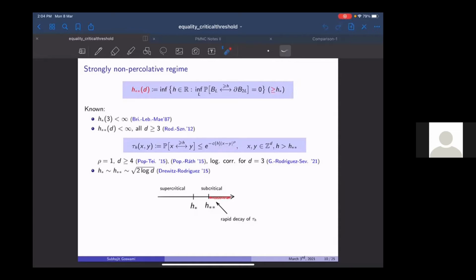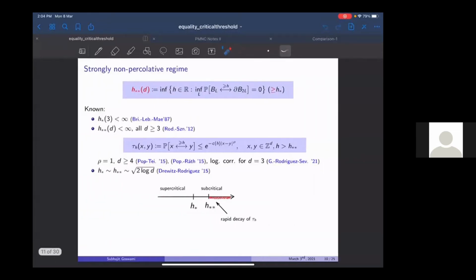So instead of logarithmically big clusters, you will have polylogarithmic clusters. Before the result I'm going to present to you, the best that was known with regard to the relationship between h* and h** was that they are both asymptotic to the same number as the dimension becomes large.